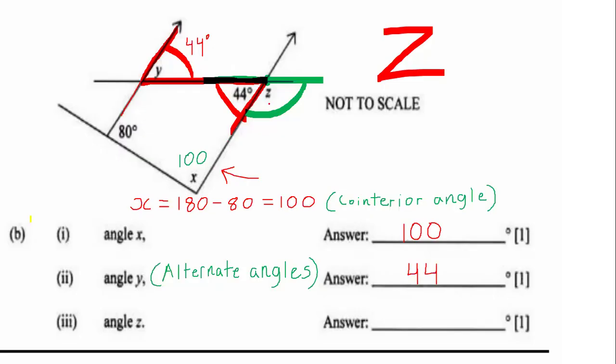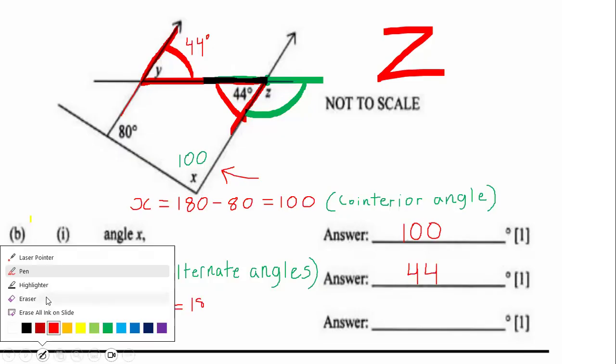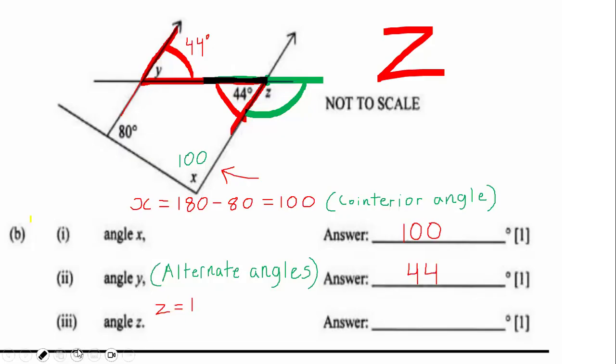So Z is going to be equal to 180 degrees minus 44.